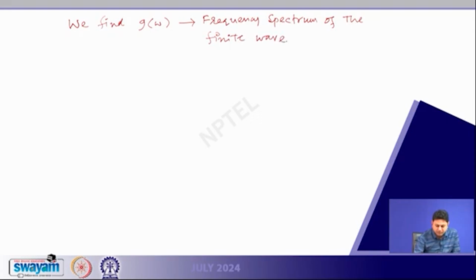For this finite wave, we want to find g omega, how the frequency is distributed, and in order to do that we need to do a Fourier transform.